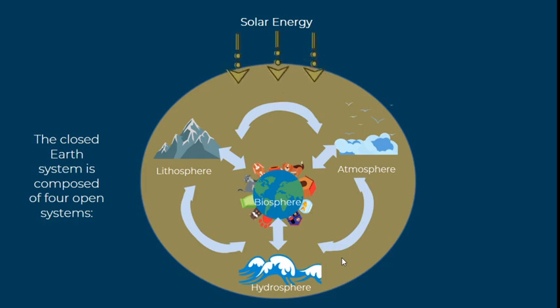Now the arrows indicate flows between the systems. For instance, the atmosphere and biosphere continually exchange energy such as heat and mass such as water vapor, carbon dioxide, and oxygen across their system boundaries. This also happens with the other open systems.